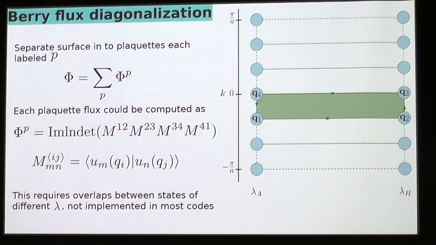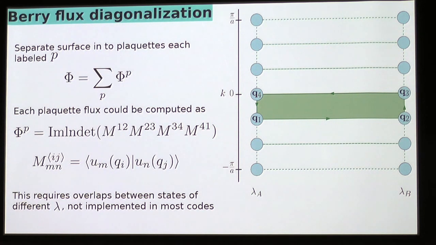But I'm writing it in this way where these are multiplied out, because then this ends up being a gauge invariant quantity. So this now would require overlaps of wave functions from going from structure A to structure B. This is something that's not implemented in most codes, and that sort of accounts for the difference in gauge that might be occurring there.